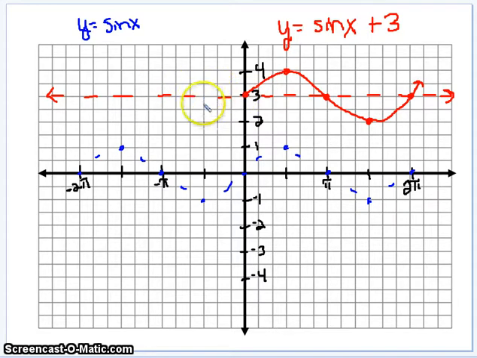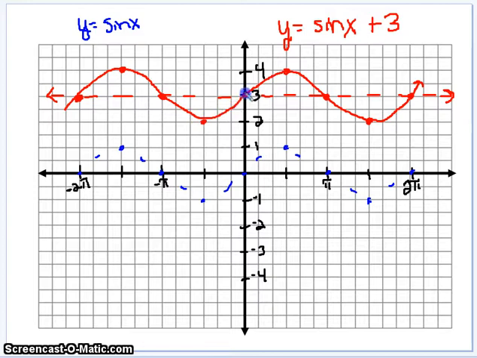Go over 1, 2, 3, and where we normally are down here at negative 1, negative 1 plus 3 is going to take me up there to 2. Then if I go to my 0, 0 plus 3 is going to take me to 3. If I go to my 1, we are going to be up there at 4. And if I go back down to my 0, I'm going to be back down to 3.